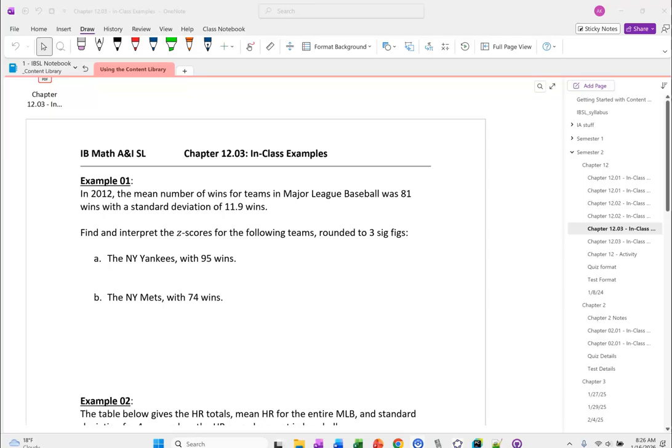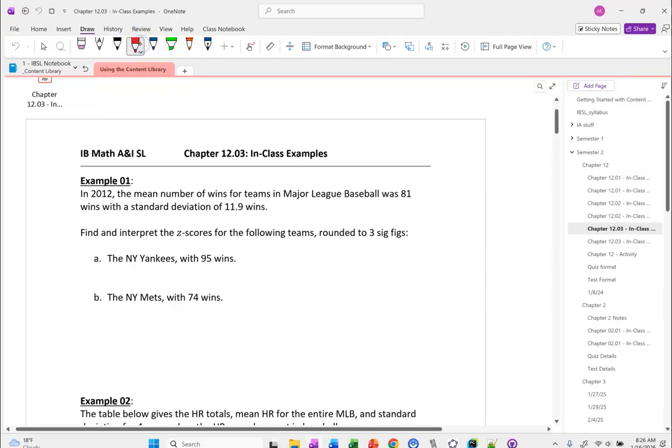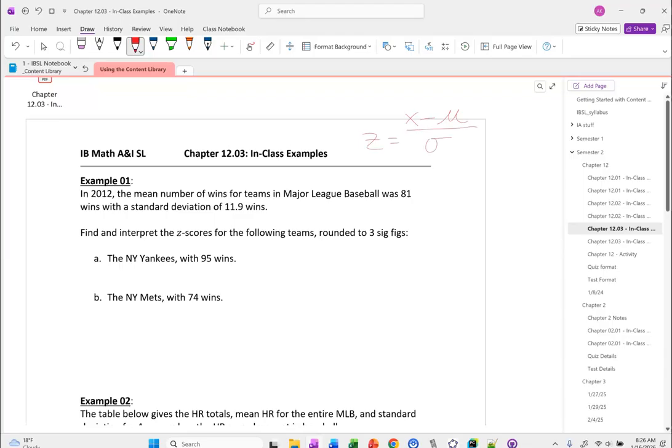Isn't the z-score formula... So then it would be 95 minus the mean, and this is 81.